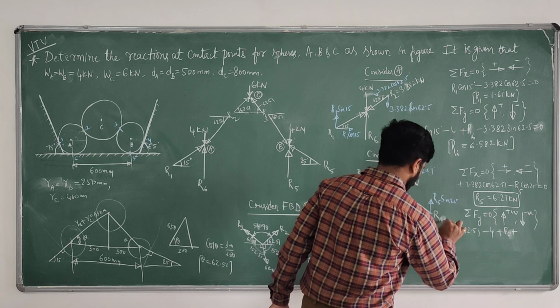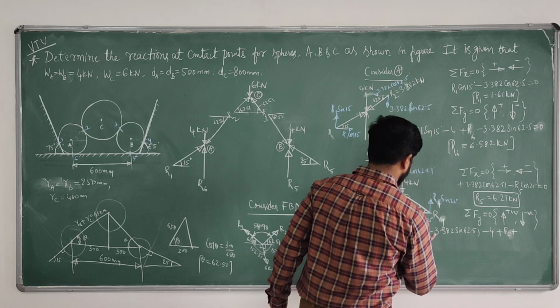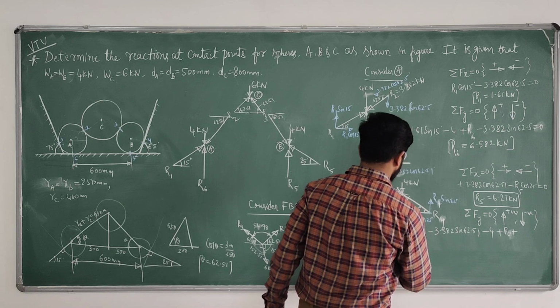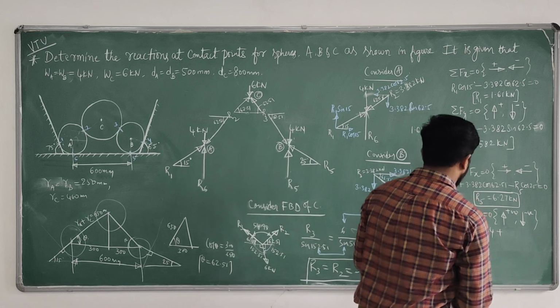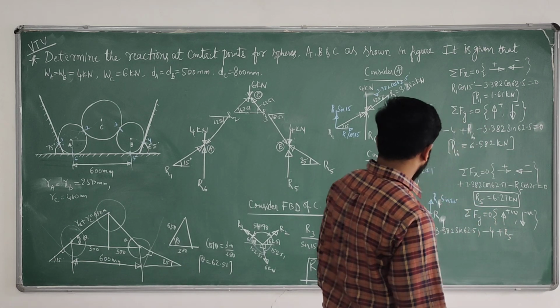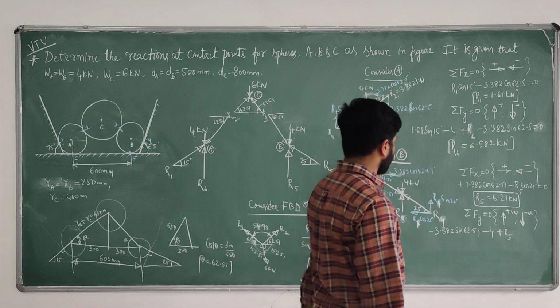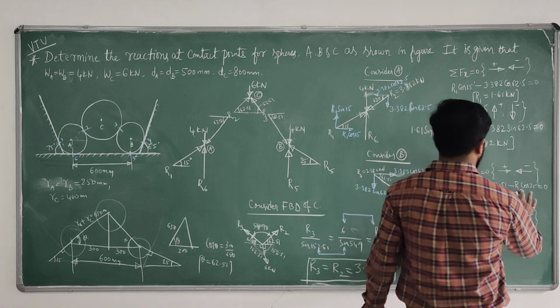It will become R4 sin 45, R4 cos 45. The R5 value we determined when we were computing, so it will become R4 now.